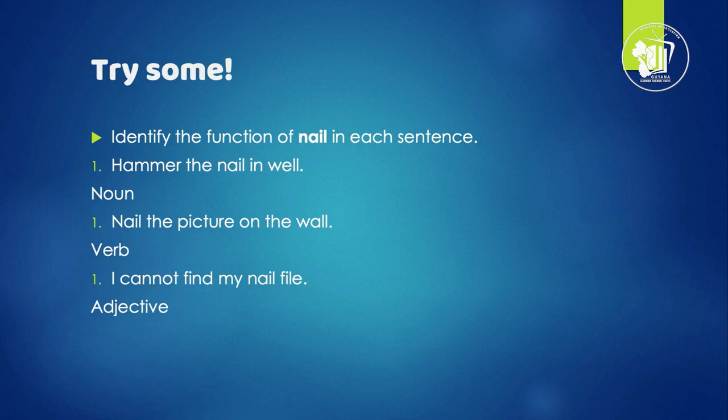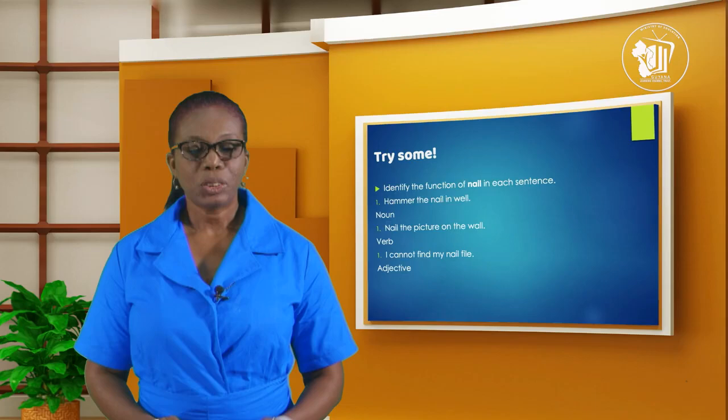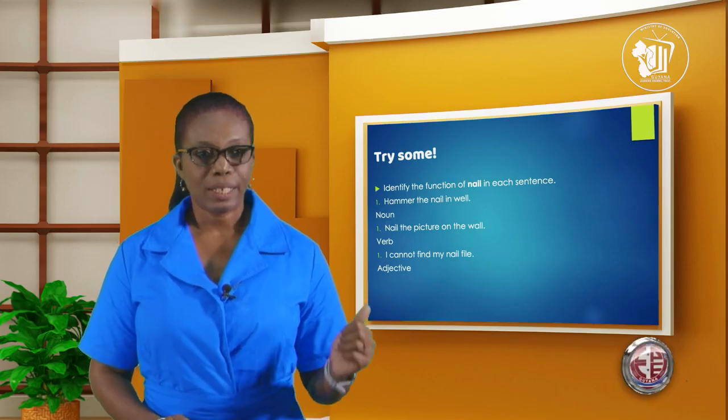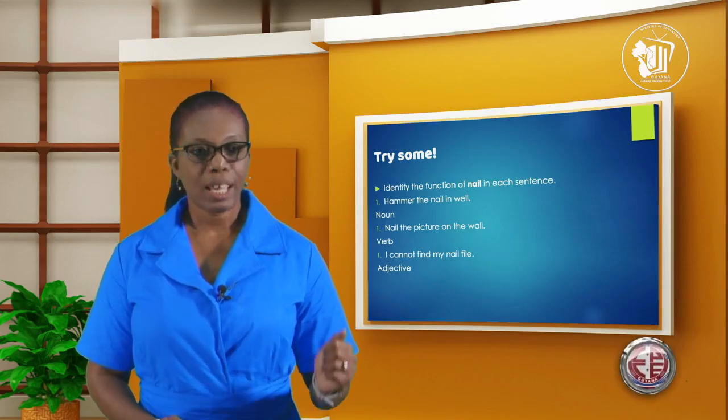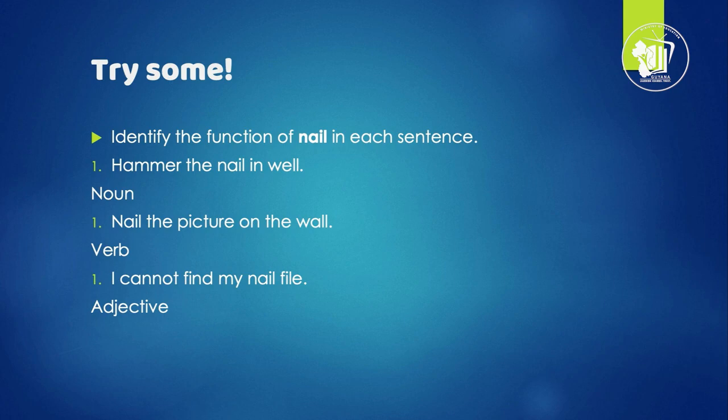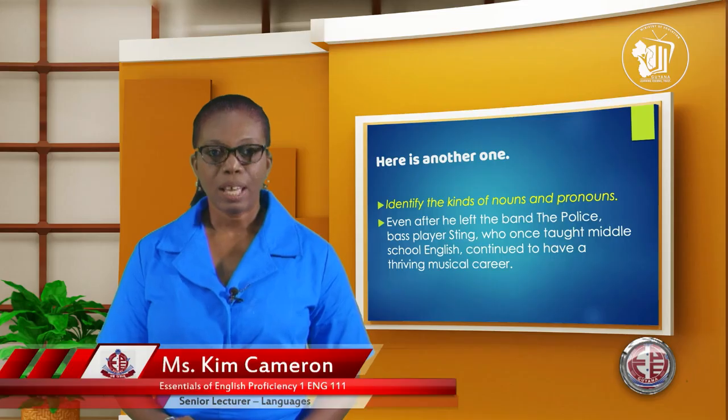Let's look at the other one now. I cannot find my nail file. What's the function of nail in this sentence? Here, it functions as an adjective. So we can see that nail functions as different parts of speech in each sentence. Here's another one.